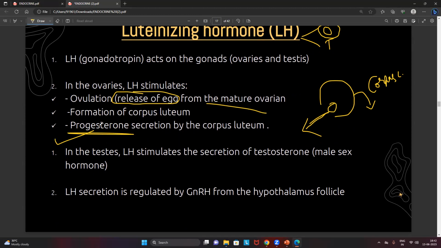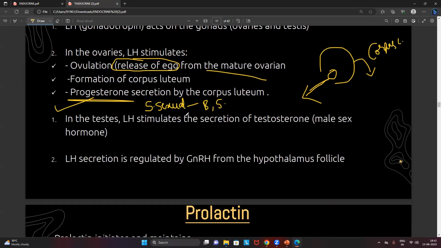Progesterone is one of the most important hormones in the female body, which plays a key role in the development of the secondary sexual characteristics, such as breast development, smooth voice, all those during the time of puberty. The same hormone, that is the LH, in the case of a testis is involved in the secretion of testosterone. However, we are calling progesterone the major hormone in the case of a female.